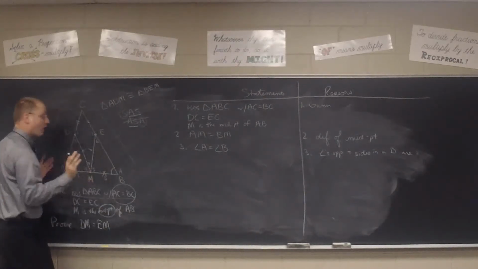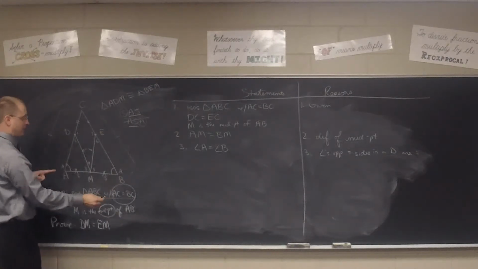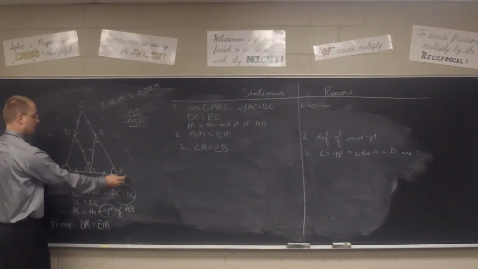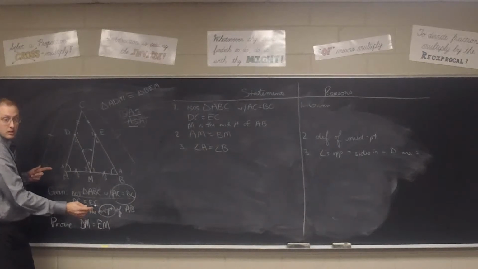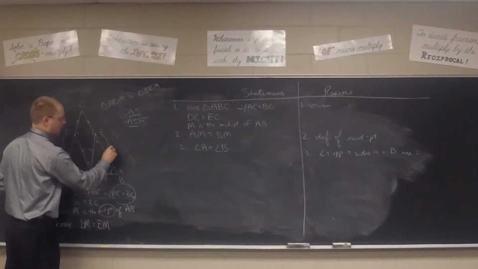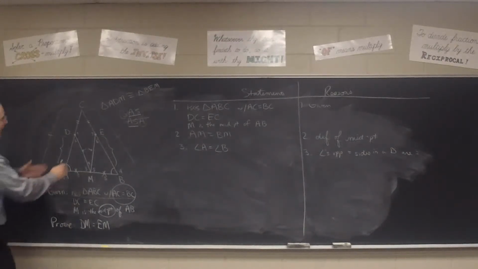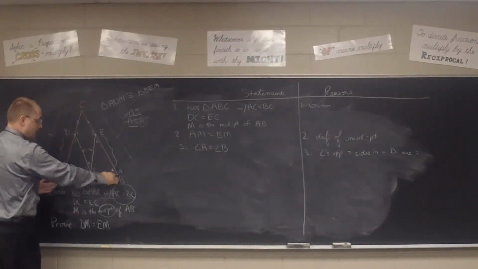All right? What if I wanted side angle side? I've got side, angle. What sides would have to be equal, class? AD and BE. All right? Do I already know they're equal? No, otherwise we would have said so. But I do know this. I know that these whole big sides here are equal.